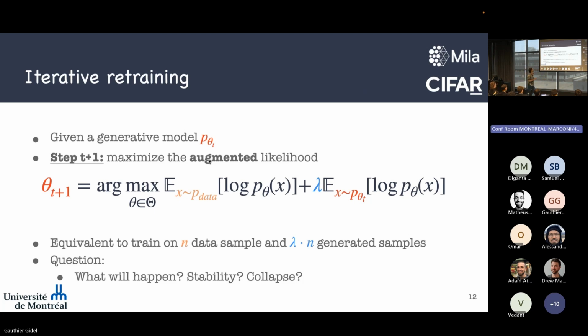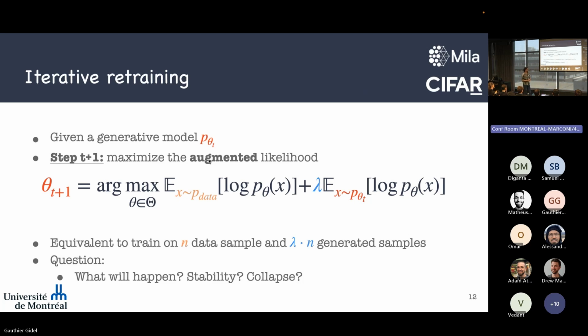There is a coefficient lambda that says what the relative fraction of generated data and real data is. An equivalent way to say this is that if we train on n real data samples, we will also train on lambda times n generated samples.